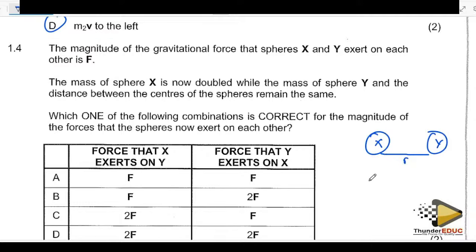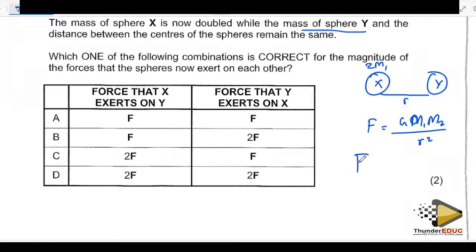We know that the force is directly proportional to the product of the masses and inversely proportional to the square of the distance apart. Now the mass of X is doubled. So instead of M1, we're going to have twice M1. They're telling us the mass of Y and the distance remain the same.